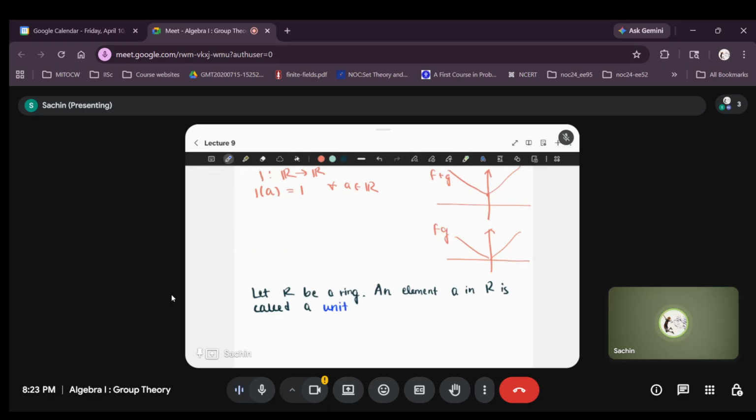It's a unit and not unity. Unity is the number 1, the multiplicative identity element that you usually call unity. Here it is simply unit if it has a multiplicative inverse.